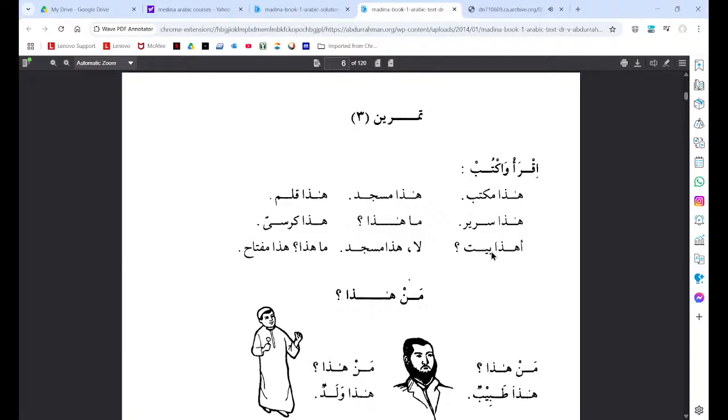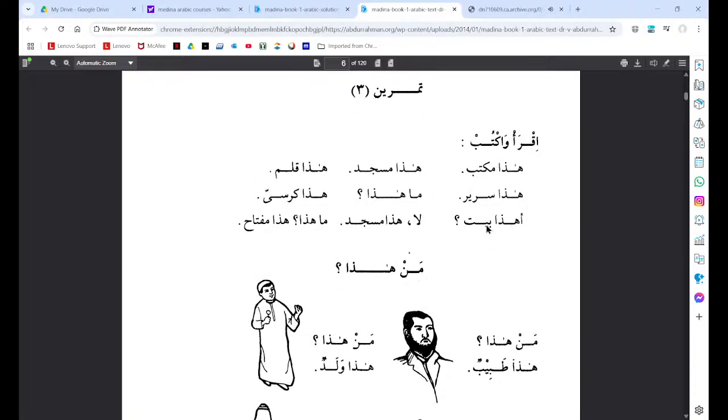So they want you to memorize what these words are, and this is going to help you when you start getting into reading books without harakat. If you need a little bit of help, go back to the first pages with these vocabularies. There is nothing new here. These are all the words they've given you.